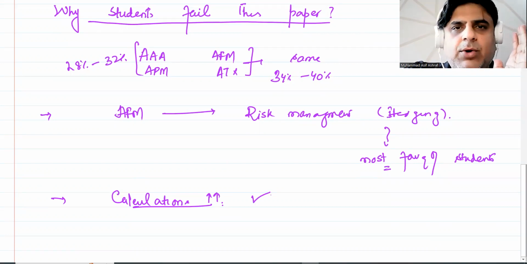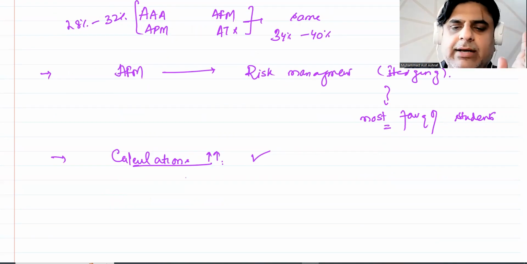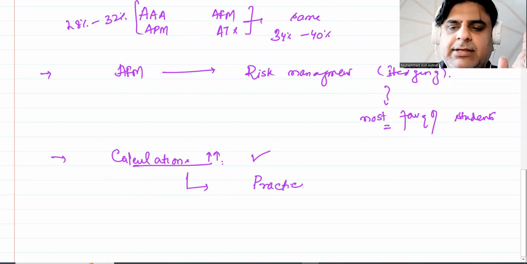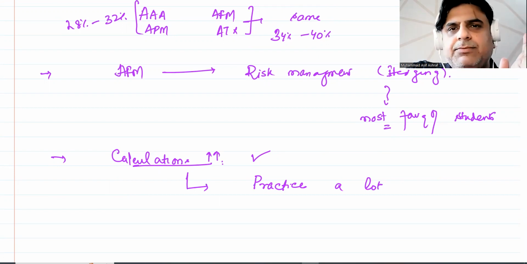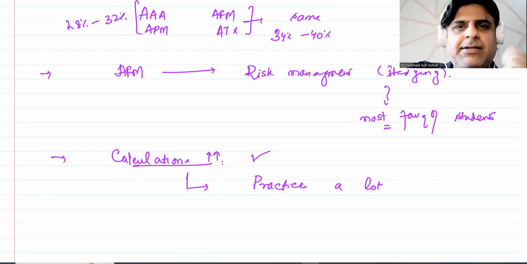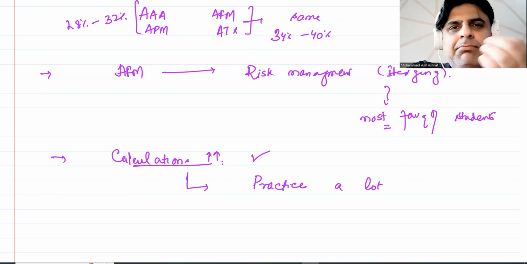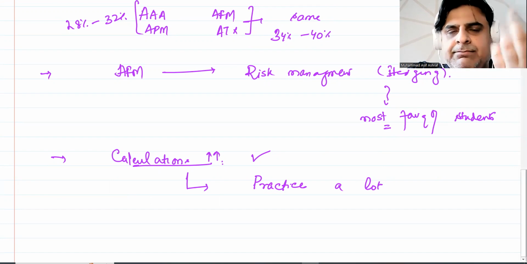How can you overcome the problem of calculation? The only way to overcome it is to practice a lot. Nothing else. If you have good practice of calculation, you will be able to save time in your exam, as well as gain maximum marks for the calculation portion of your paper.